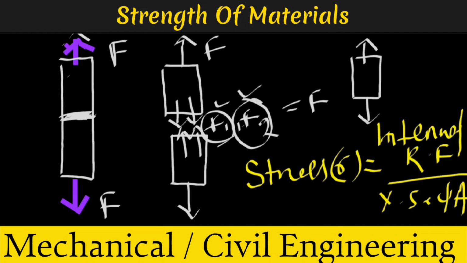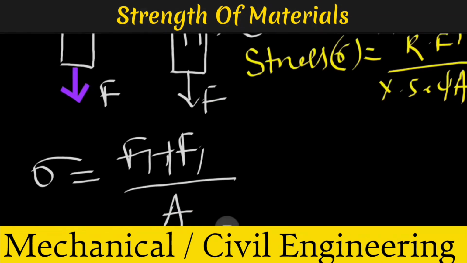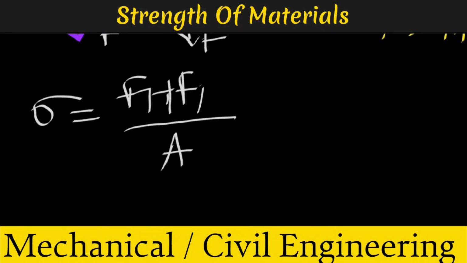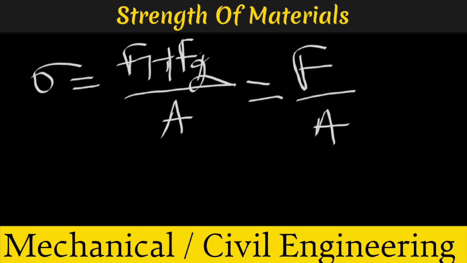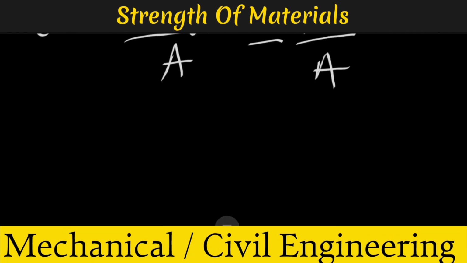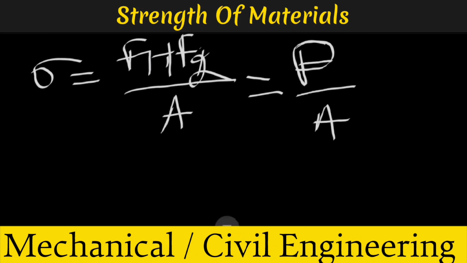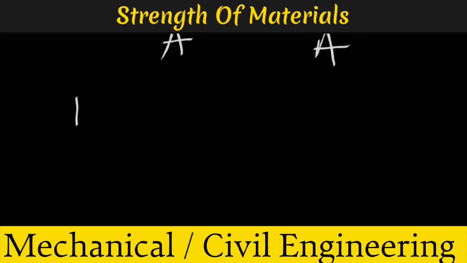So F1 and F2 is equal to F. That's why internal resisting force F1 F2 we can write F. That F is equal to this applied tensile force F. So F1 plus F2 is F, we can write F by A, or we can say P by A. P or F, no problem. You can write applied load as P, or we can write F, no problem.